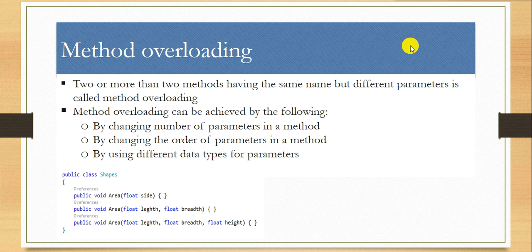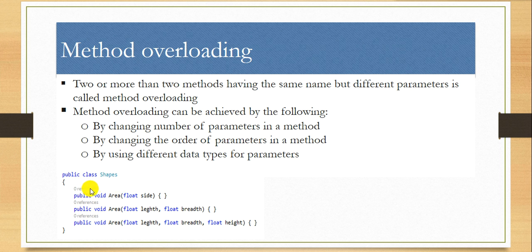So now I'm going to talk about why do we use method overloading. Basically the client will not be really bothered about the different area calculation methods. Our code will look really messy if we create different methods with different names for the same functionality.